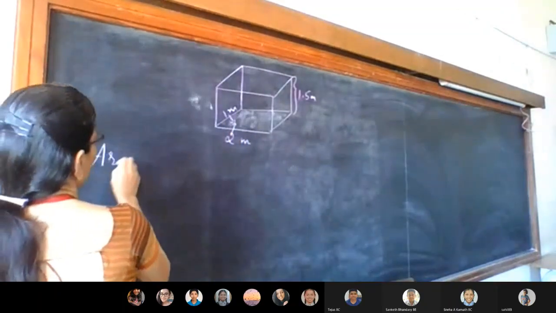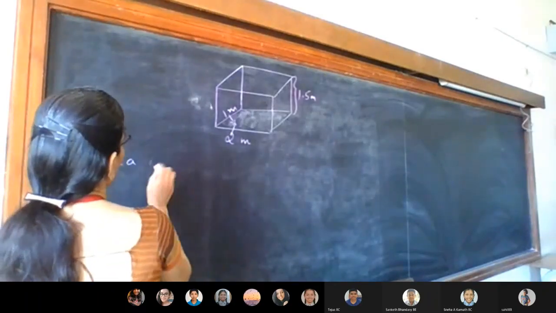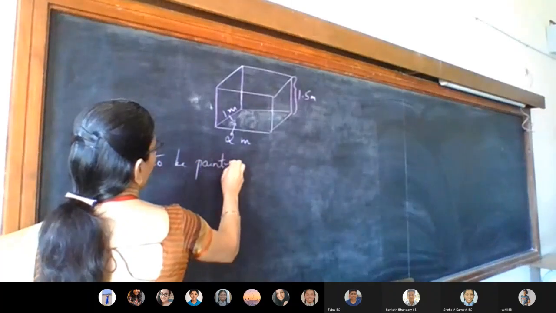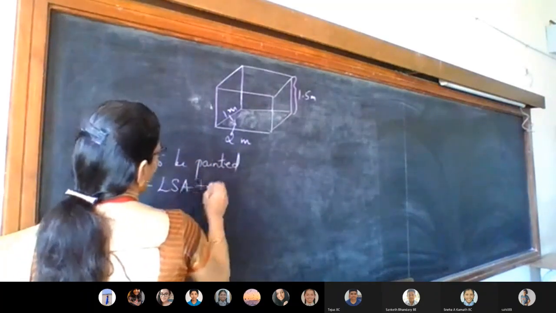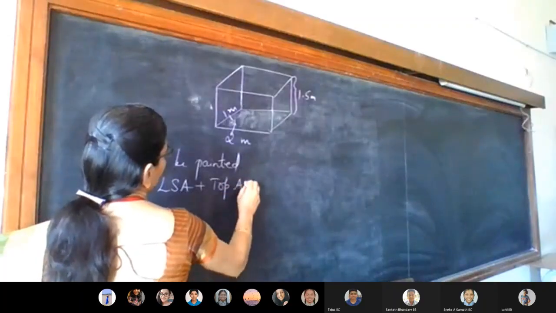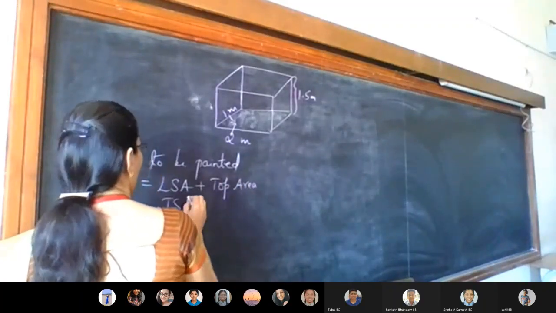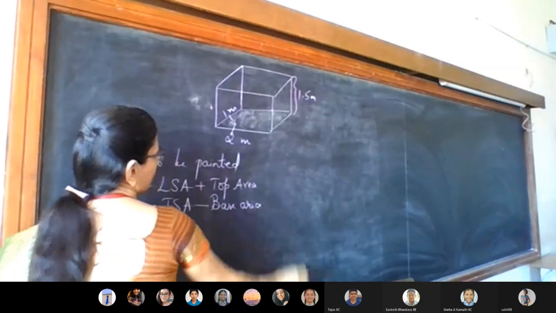So, area to be painted. We have to write. Dimensions are already given, we need not write it. Area to be painted is equal to LSA plus top area or TSA minus base area.